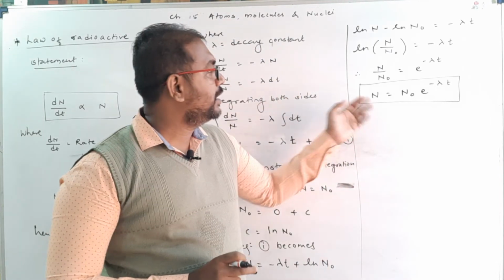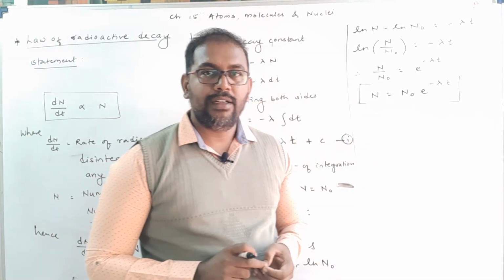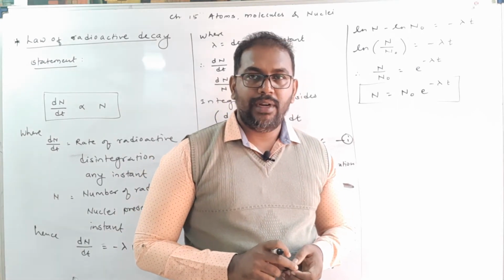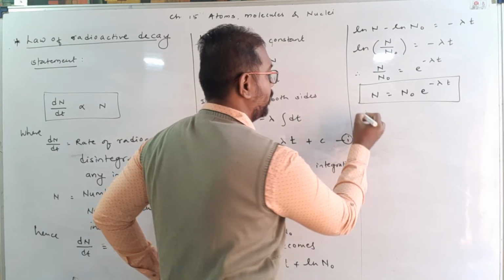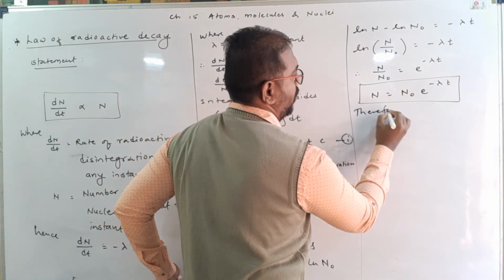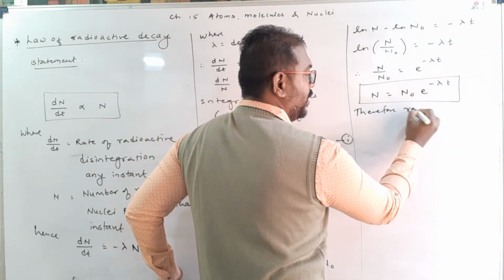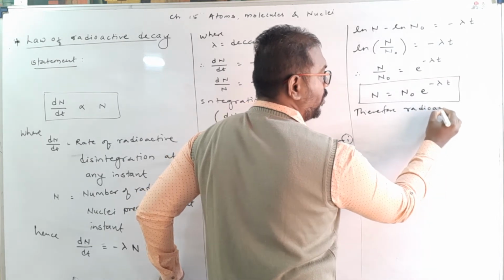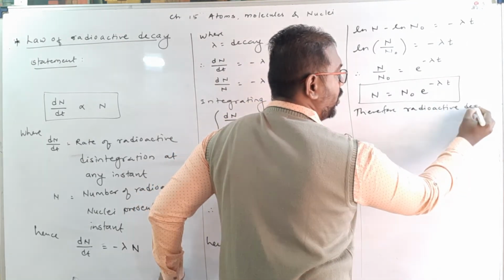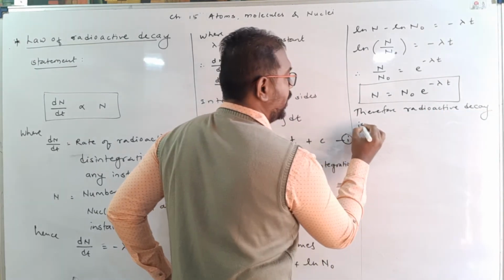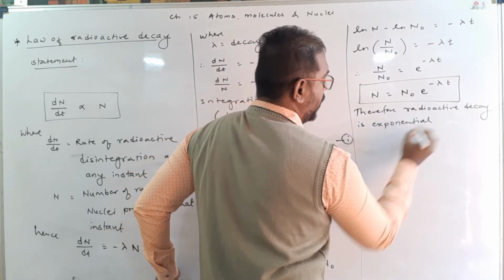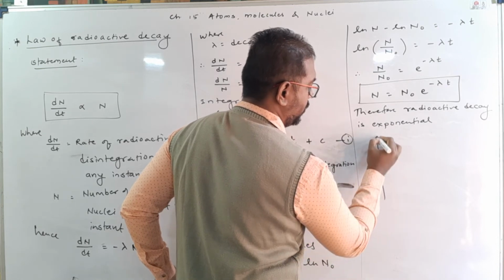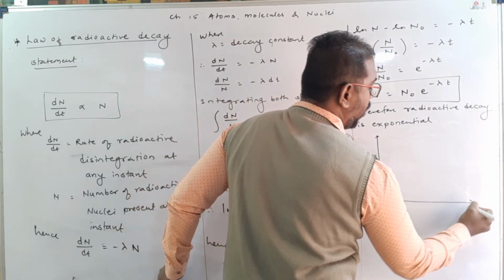By using this, we can conclude that radioactive decay is exponential decay. Therefore, radioactive decay is exponential. If we draw a graph, let me draw it here.